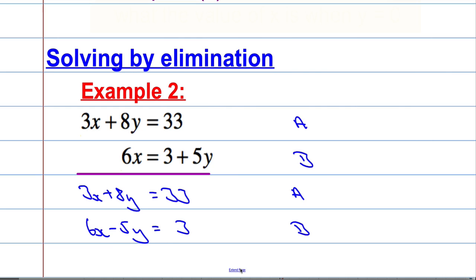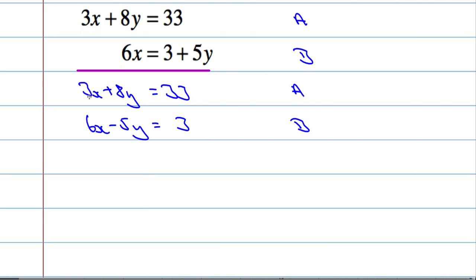Okay, and in order to eliminate, we need to have the same coefficient. Do bear in mind, sometimes you need to multiply A by something and multiply B by something, but in this question, I'm only going to have to multiply A by 2. So I'm going to multiply equation A by 2.